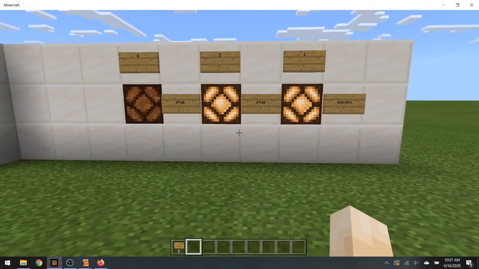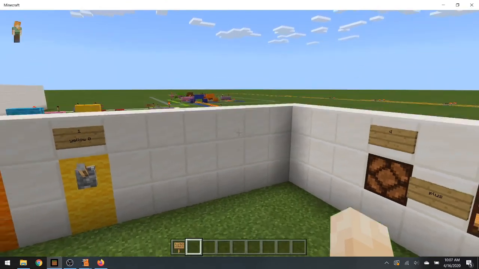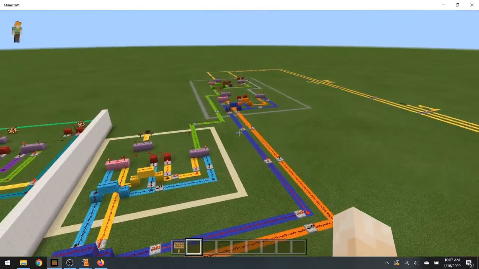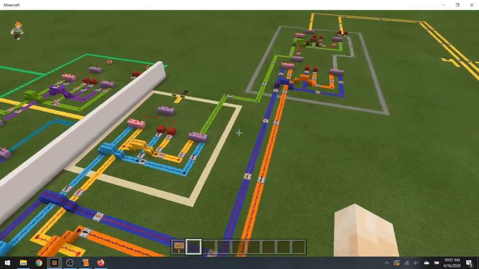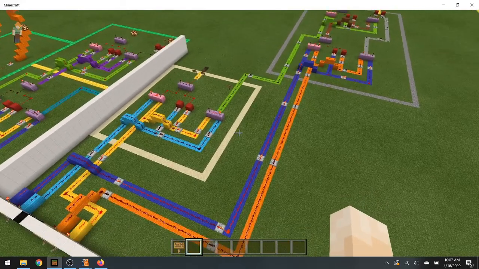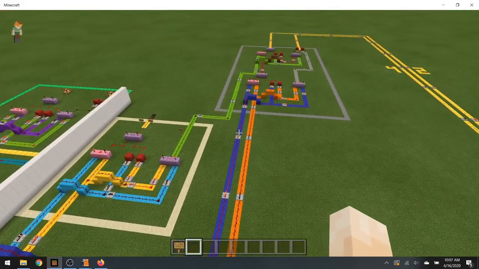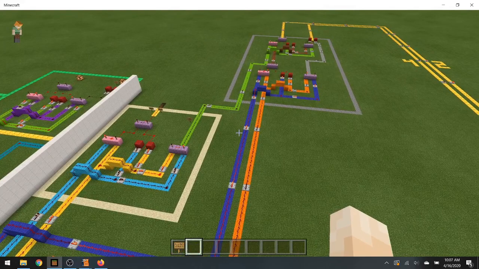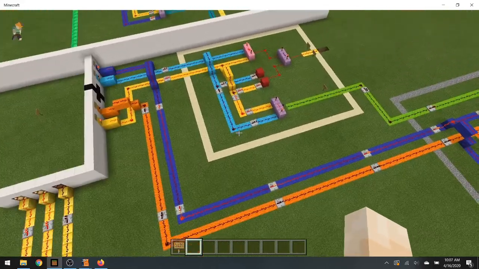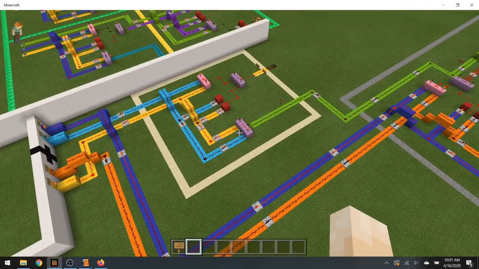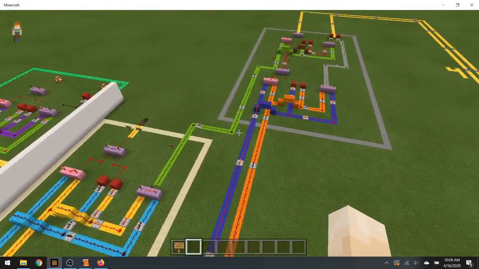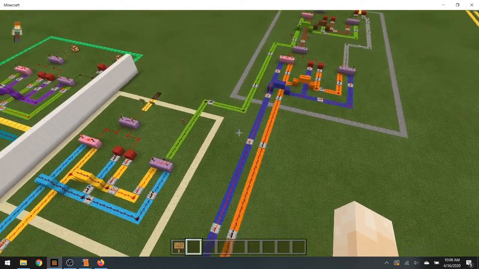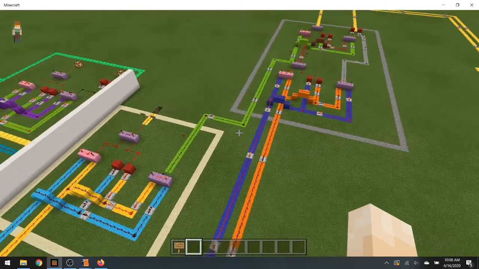Now, I will say here that this calculator is way bigger than it needs to be as far as how much space it's taking up. I intentionally did this so that it would be easier to see the individual components of the calculator.